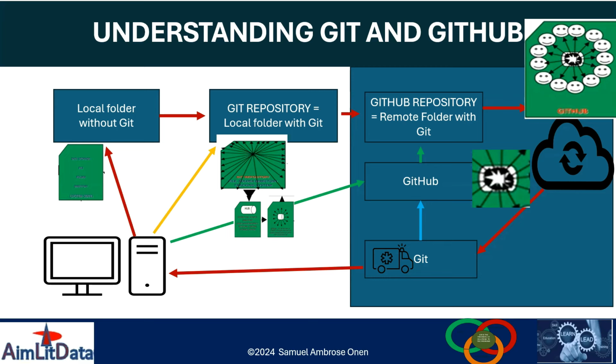Whereas when you have an account with GitHub and after creating a GitHub repository, my friend, you can also decide whether you want to make that GitHub repository private or public. If you make it public, that means you are allowing everyone to see what you're doing with your GitHub. But when you make it private, then you have to give access rights to some people with whom you want to work, to share your Git repository.